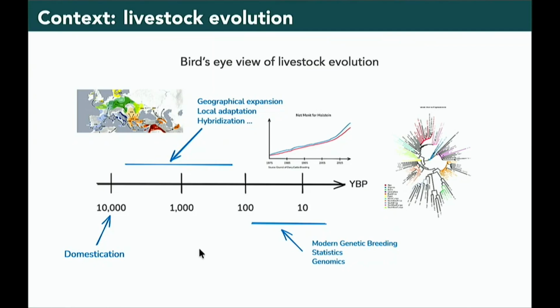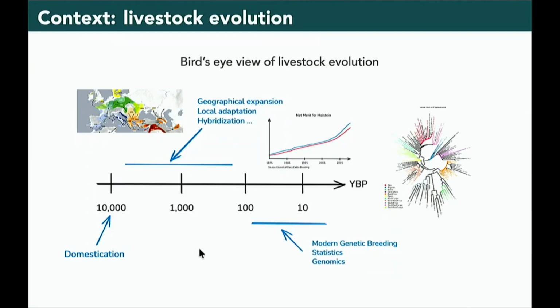Then lots of things happened, which we don't know exactly, but people have been investigating that for thousands of years. They followed humans through the spread of agriculture, in Europe, but of course also in Asia, in Africa, and later in the Americas.